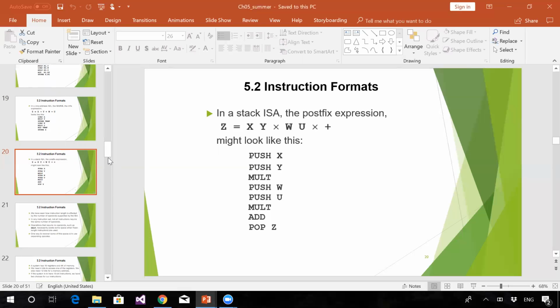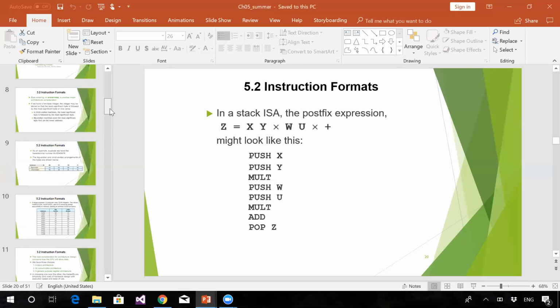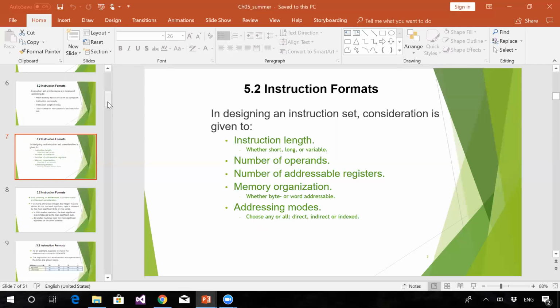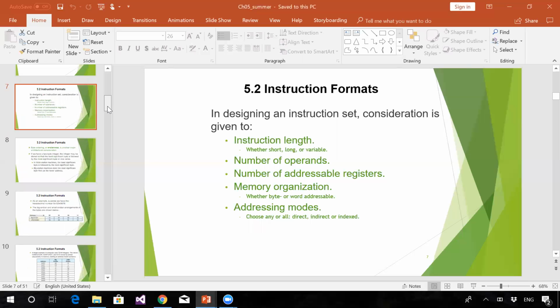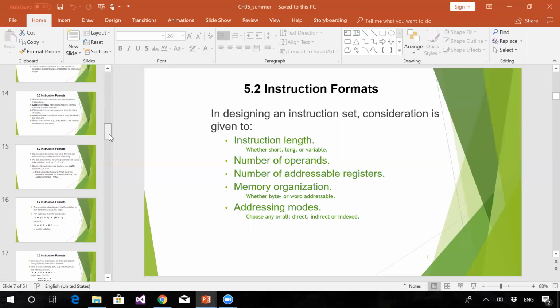Okay, so until here, what did we talk about? Firstly, Marie is a good example, but we can change it by changing the instruction length, the number of operands, the number of addressable registers, and the memory organization and addressing mode. Then we talked a little bit about big endian and little endian.